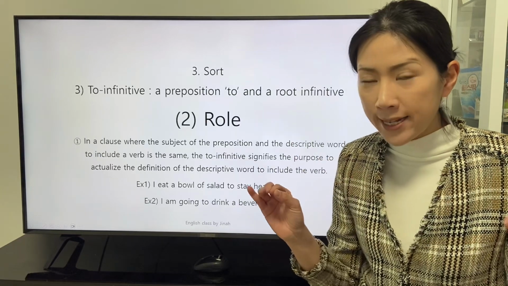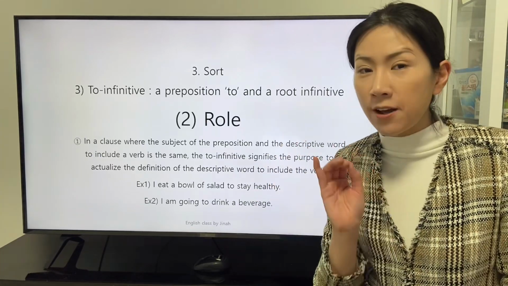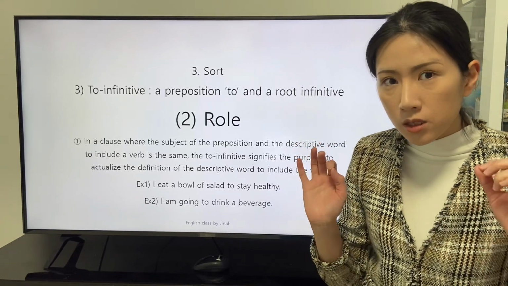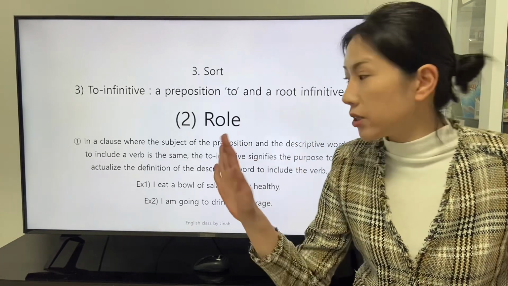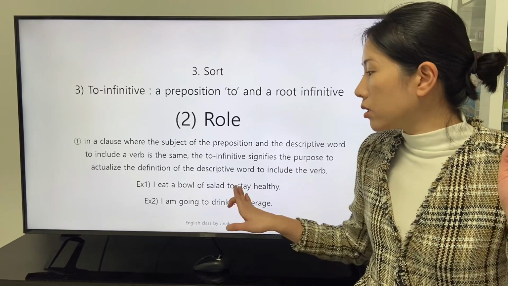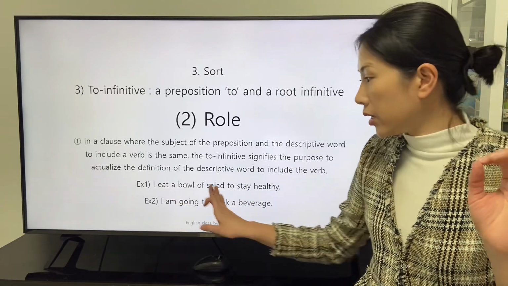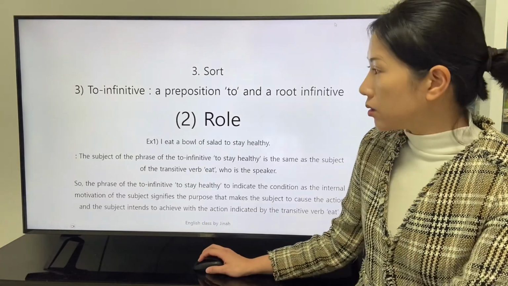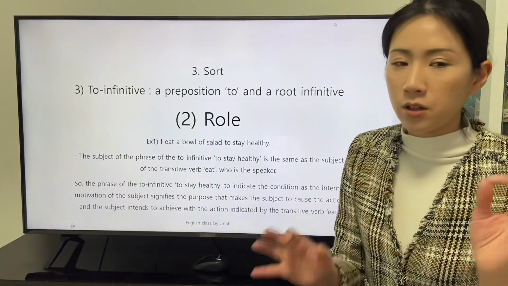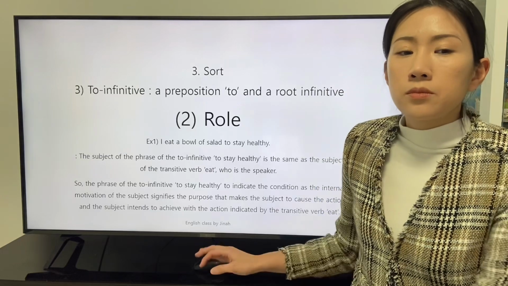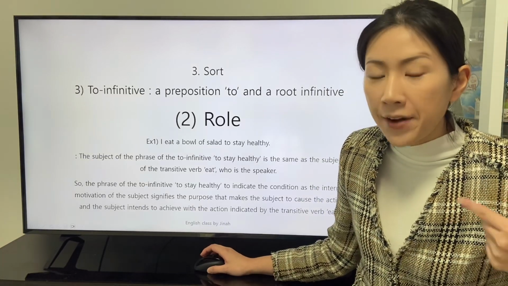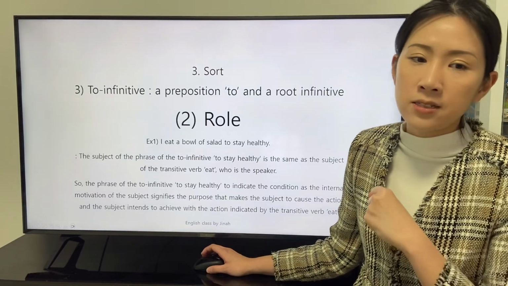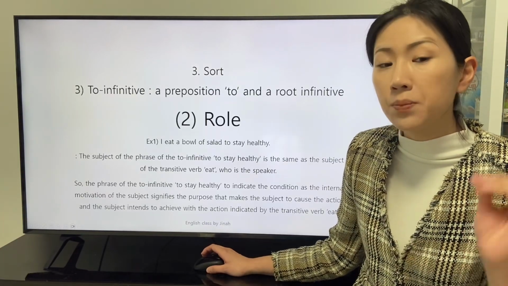We can know that the phrase of the to-infinitive describes the descriptive word. In the first clause, a verb. In the second clause, an adverb. Let's study from the first clause. The subject of the phrase of the to-infinitive to stay healthy is the same as the subject of the transitive verb eat.